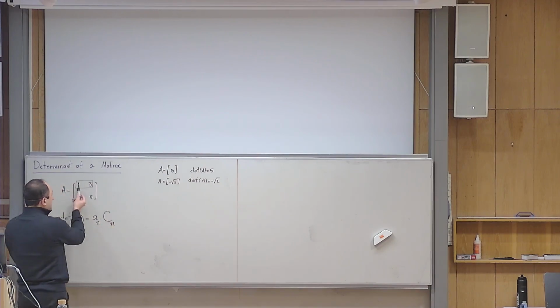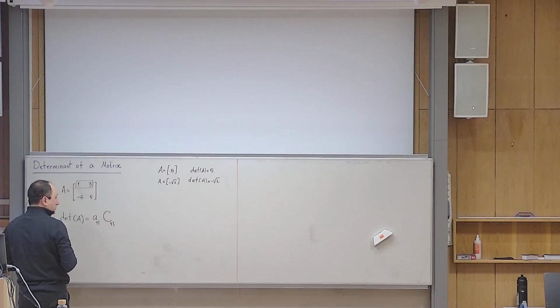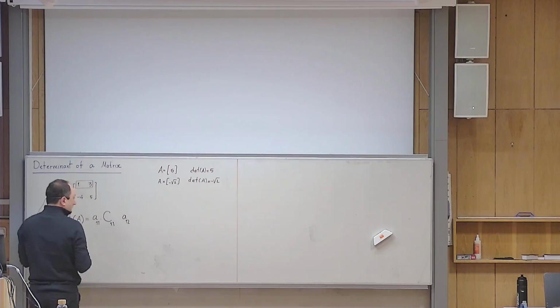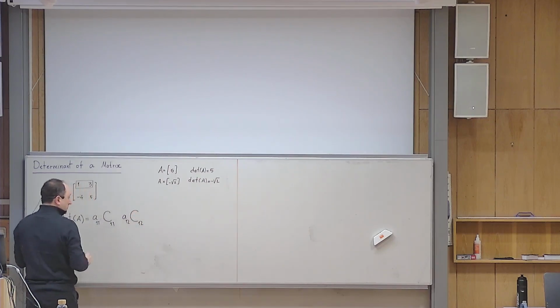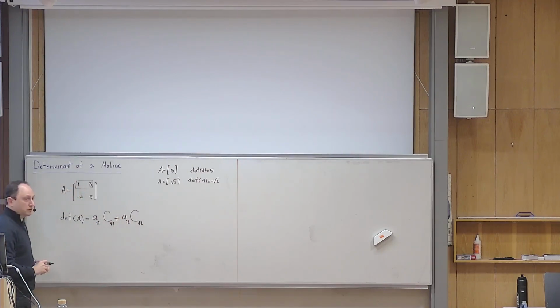And then I go to the next entry on the first row. For the time being, just concentrate on the first row of your matrix. The next one is A12, and then multiply it by C12. And I will describe what I mean by C12. So that is the determinant of A.